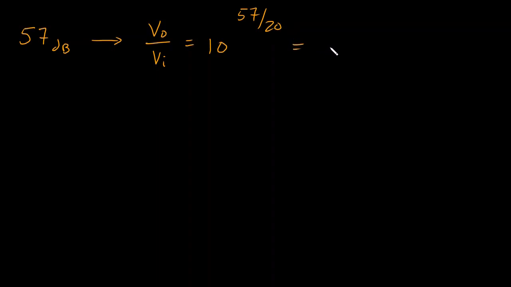For a couple of additional examples, we're just going to look at voltage ratios here, but let's say we have 57 dB. What's the voltage ratio going to be? Well, V out over Vn is 10 to the power of 57 divided by 20, and that gives us something that is approximately 708.